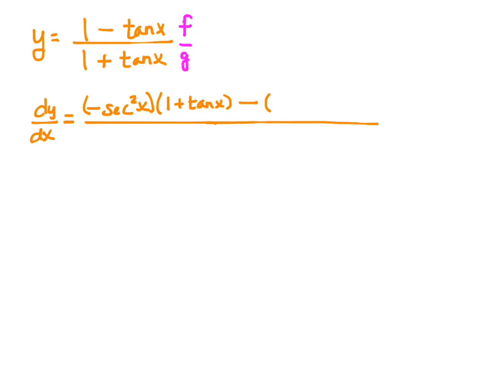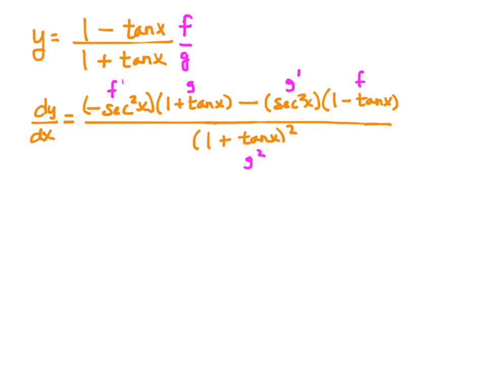So the derivative of my denominator, the derivative of 1 is 0, and the derivative of tangent x is secant squared x, g prime times f, 1 minus tangent x. So just to double check, we did f prime times g minus g prime times f. And of course, this is all over g squared.